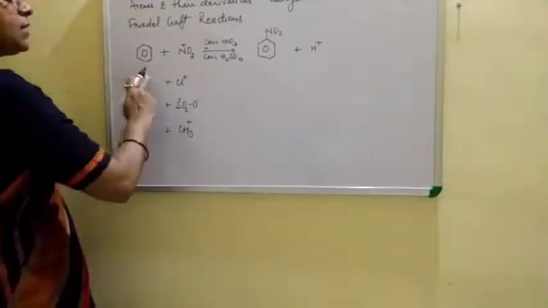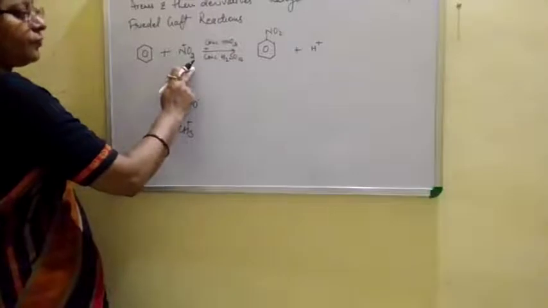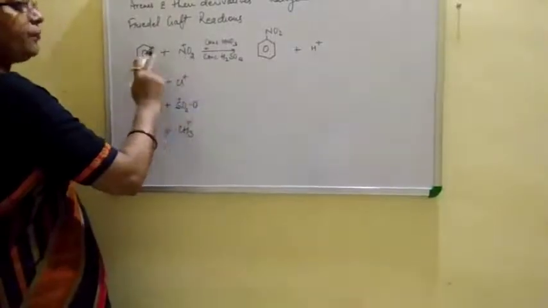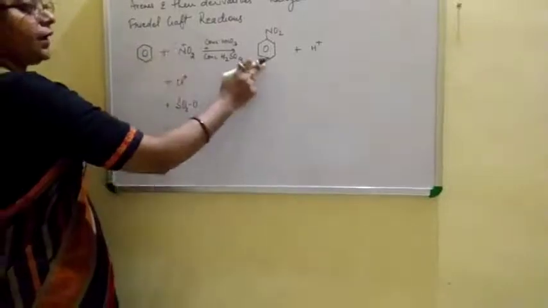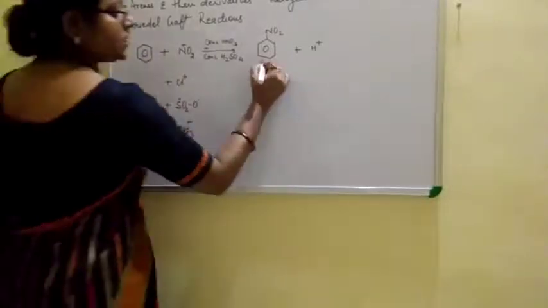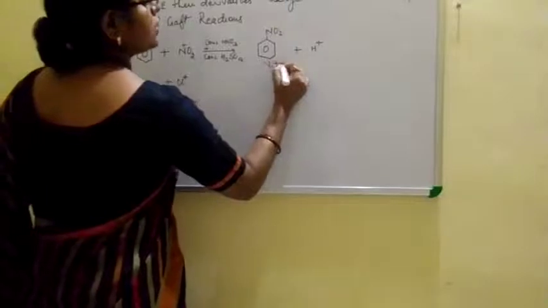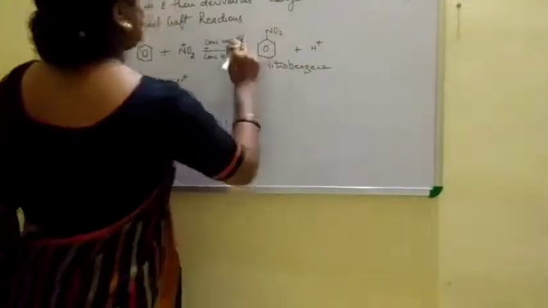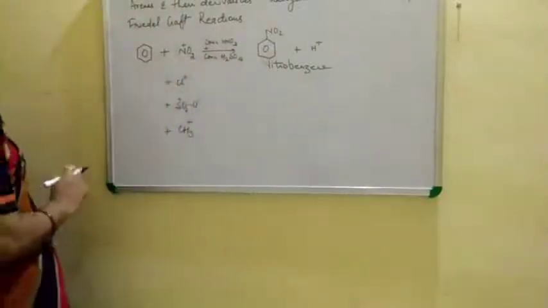When benzene is reacted with NO2 plus, which is a strong electrophile, it will replace the hydrogen and form nitrobenzene, in the presence of concentrated nitric acid and concentrated sulfuric acid.